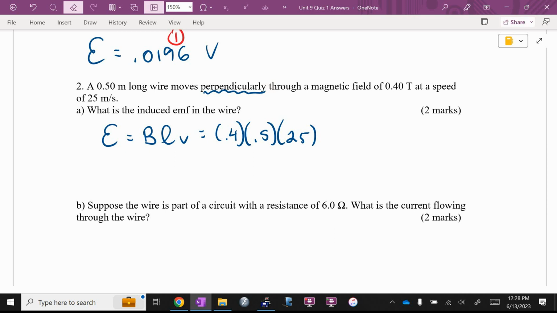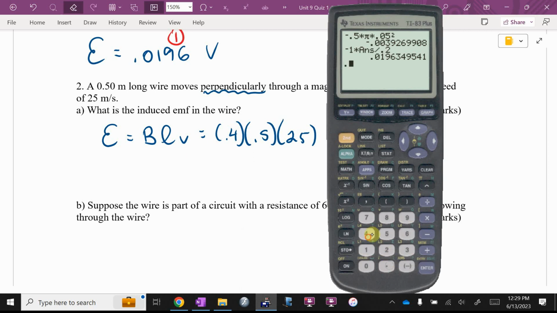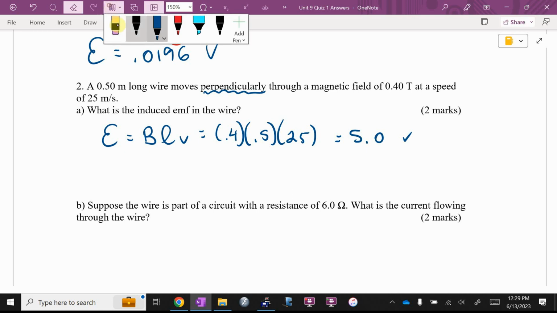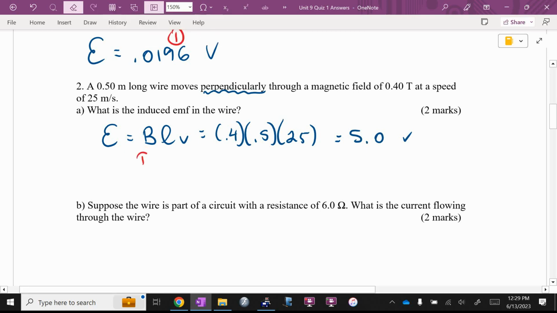That's great. So it's going to be 0.4 times 0.5 times 25. And, oh, that's better. 5 volts. I'll add the 0.0 just to go to 2 sig figs, as is my wont. I would probably go something like this. 1 mark for identifying the correct approach, half mark for the numbers, half mark for the answers.